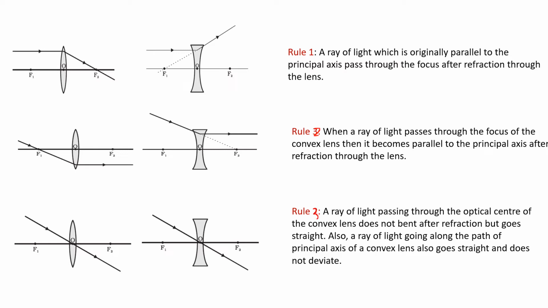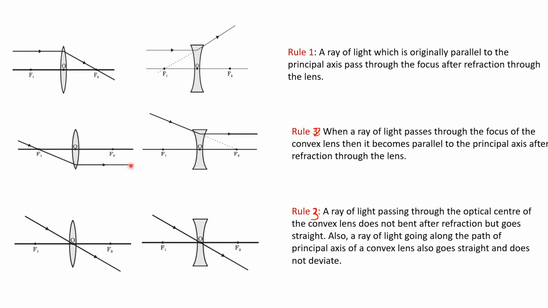Clear, students? In the case of rule number 2, when a ray of light initially passes through the focus to the convex lens, it becomes parallel to the principal axis after refraction. After refraction you see that this ray is no more going in this direction. It is parallel. This is my principal axis and this ray is parallel to the principal axis.